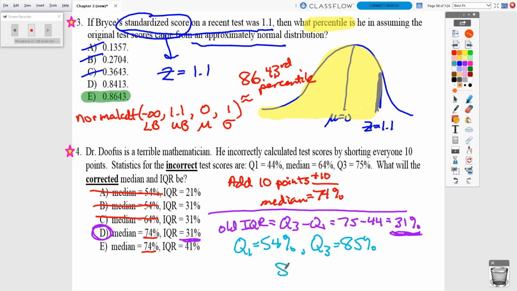And if we still subtract 85 and 54%, we're still going to end up with 31%. Okay, so there's two ways. You could either adjust the Q1 and Q3 and still realize it's the same IQR as before, or calculate the old IQR and realize it's going to be the same one because adding doesn't affect measures of spread.